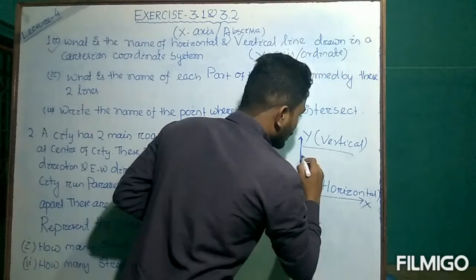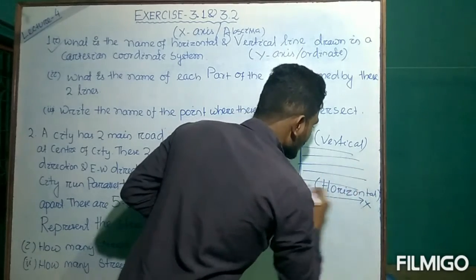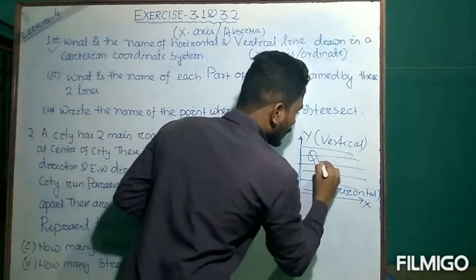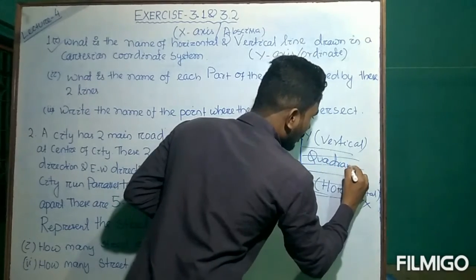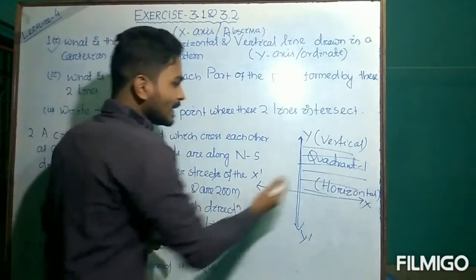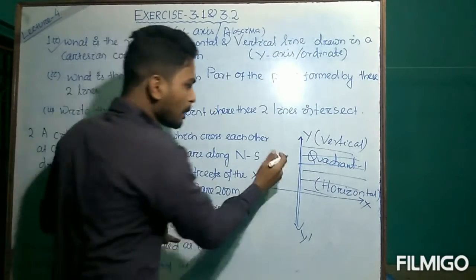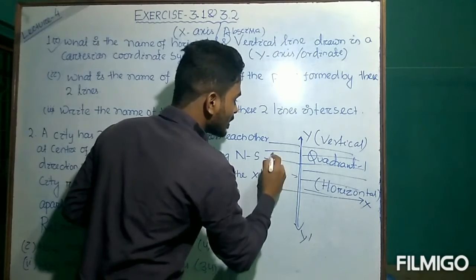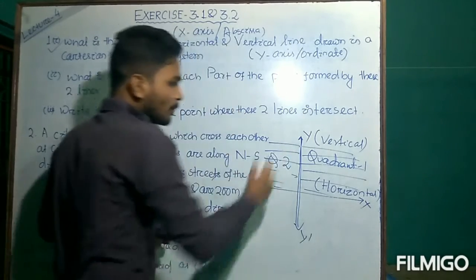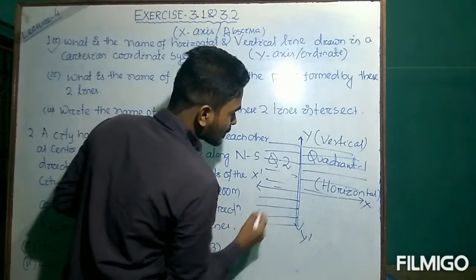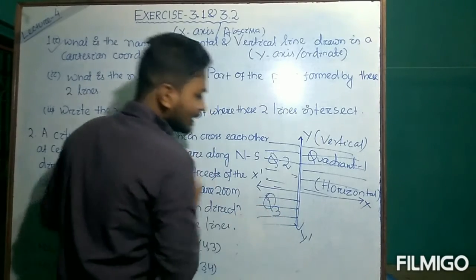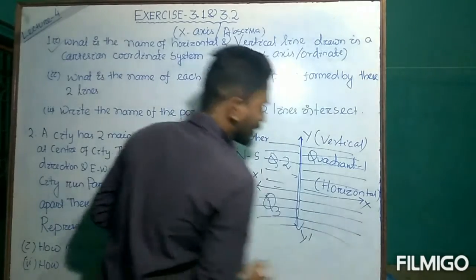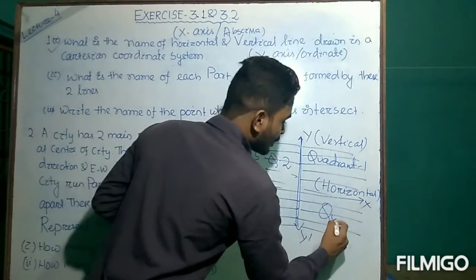This is the first part, and its name is quadrant 1. Then they will form another plane, and this part is known as quadrant 2. The third part is known as quadrant 3, and the fourth part is known as quadrant 4.